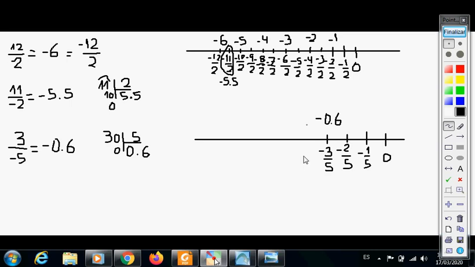If we continue counting here, we will get minus 4/5, and finally minus 5/5, which is equal to minus 1, and minus 0.6 is between 0 and minus 1.